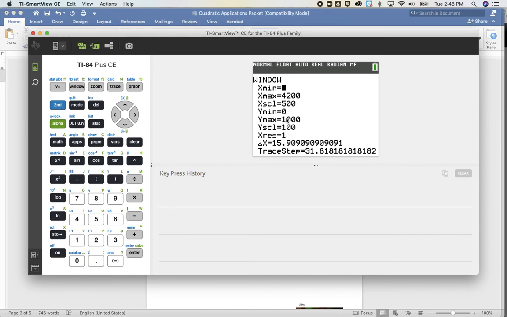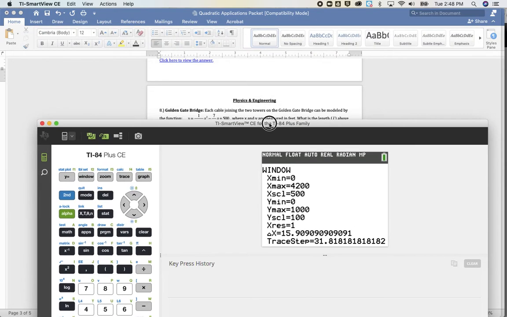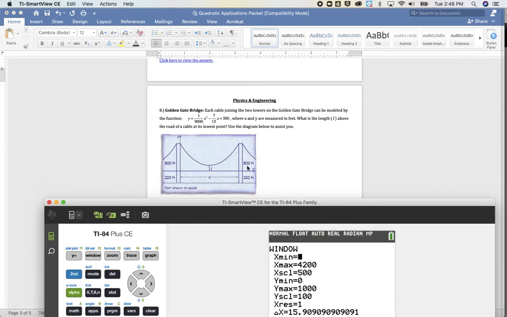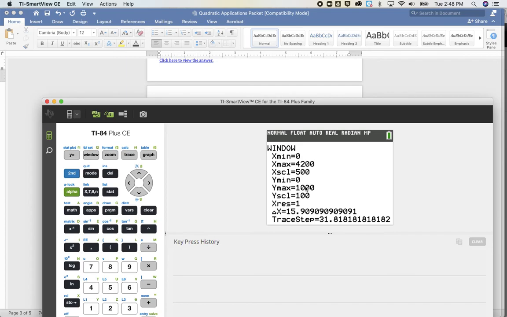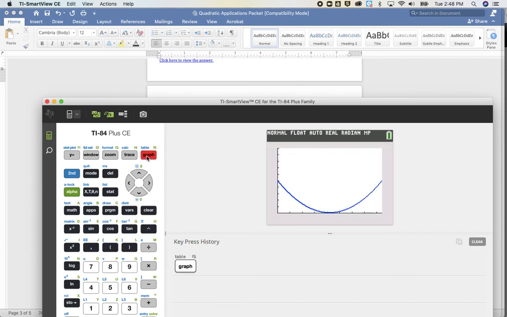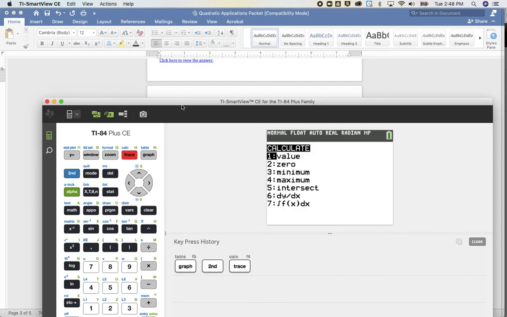And even just looking at the picture, you can see that it's 500 feet up. So I just went up to 1,000 just to give me some space there. And then I get a parabola that kind of matches the picture that we see. And again, because we wanted to know the cable at its lowest point, this time around we can make our calculator calculate the minimum.